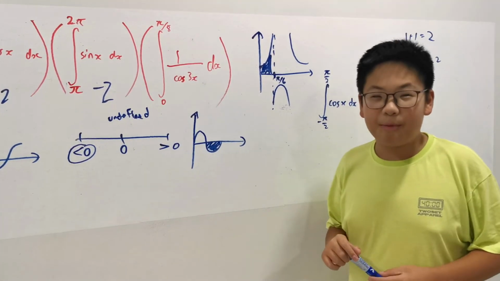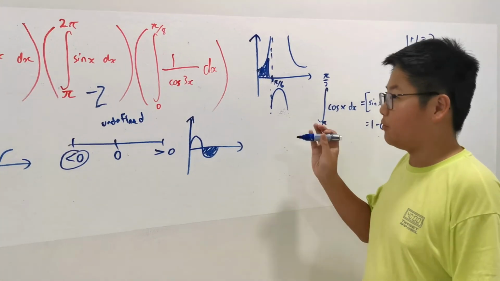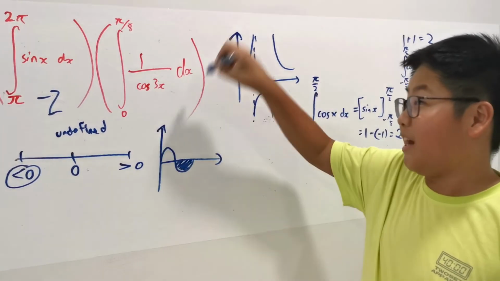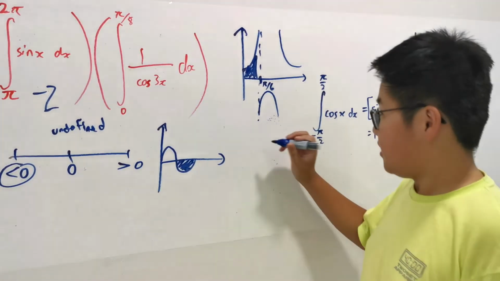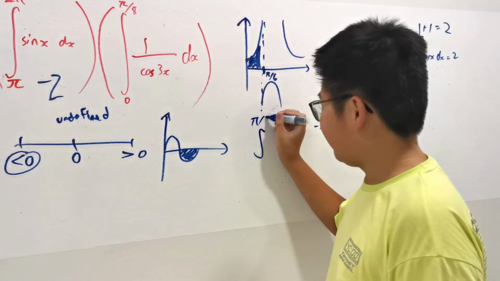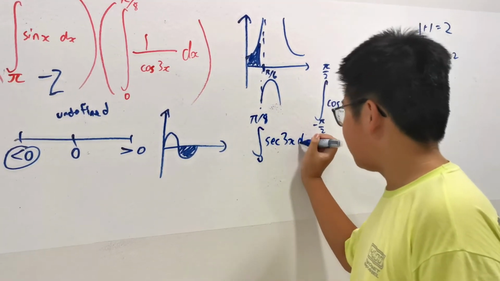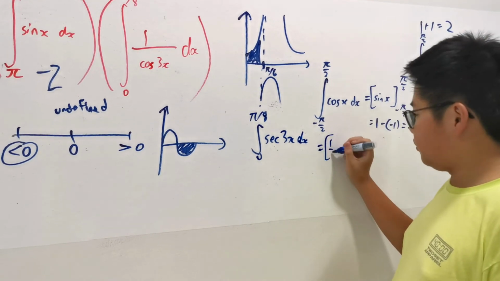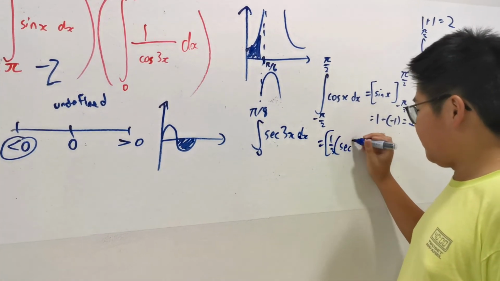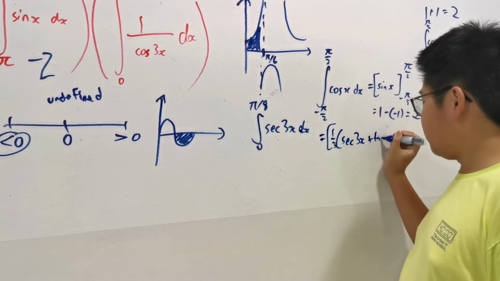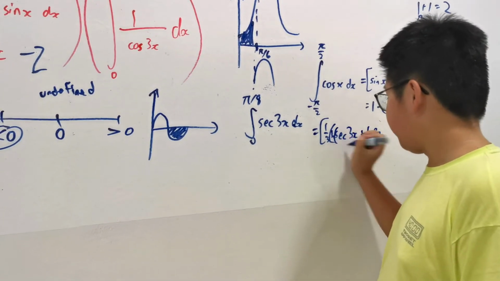Well, it turns out that the math bot is not interested in my calculations. So for those who are interested in integration, we are now going to calculate this. So we can write this as the integral from 0 to pi over 8 of secant 3x dx, which equals 1 over 3 ln of secant 3x plus tangent 3x. And don't forget to put in the ln, everybody gets this wrong.